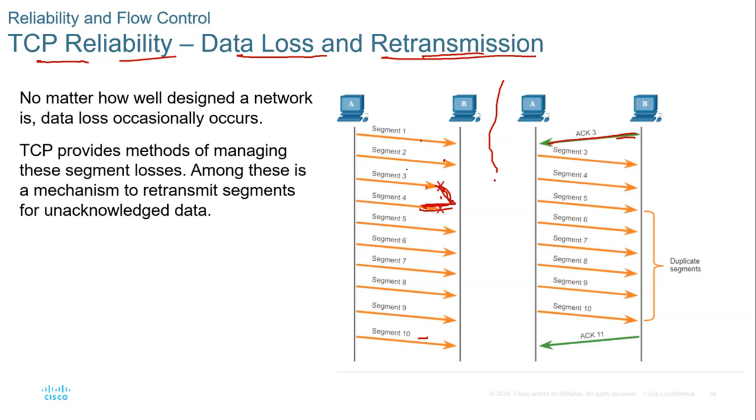But in the process of retransmitting them, it has retransmitted this and then this, but 5, which the other side had already received, is also going to be retransmitted, and we end up getting duplicate segments. This time, as they have been received, we now have acknowledgement 11.